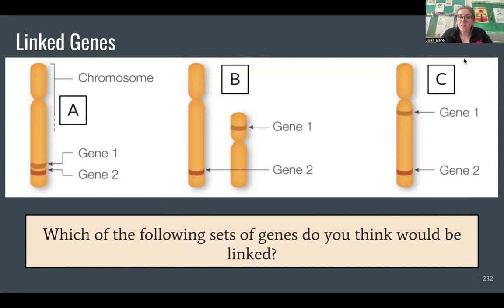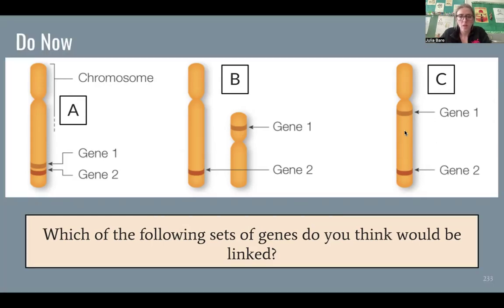Now, if you said C, that also could have been a viable answer. But I want you to look at the distance between gene 1 and gene 2 on chromosome C. They are significantly farther apart. And so I want you to consider, okay, would A or C be more likely to undergo crossing over? So let's take a look.